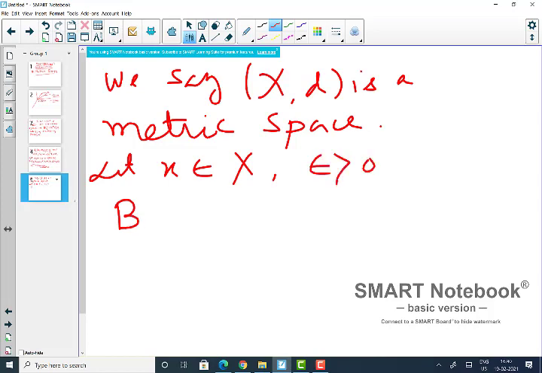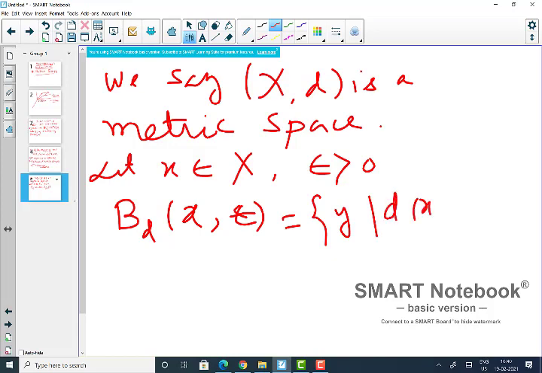You define the epsilon ball with respect to the metric d, with center x and radius epsilon. You collect all such y such that the distance from x to y is less than epsilon.